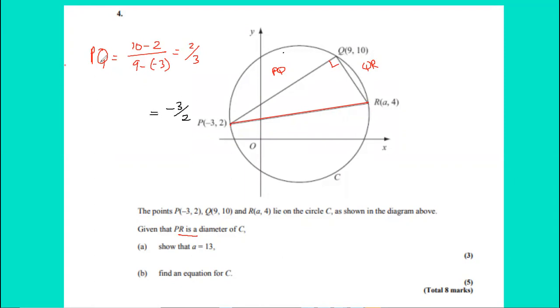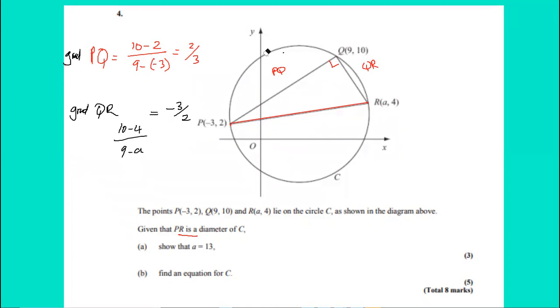Okay, so the gradient of QR is going to be -3 over 2, but let's write this involving a. So it's going to be 10 take away 4 over 9 take away a.